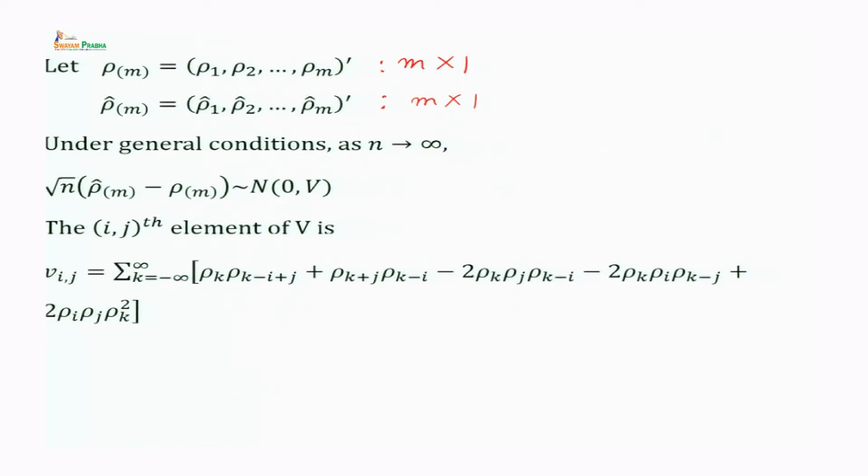Then under very general conditions, as n tends to infinity, root n times rho hat m minus rho m follows a normal distribution with mean 0 and variance covariance matrix V. And the ijth element of the V matrix is given by V i j equal to this.